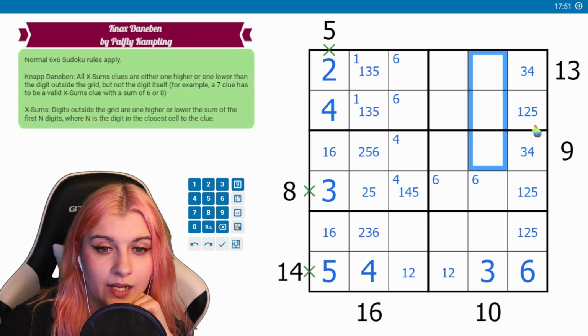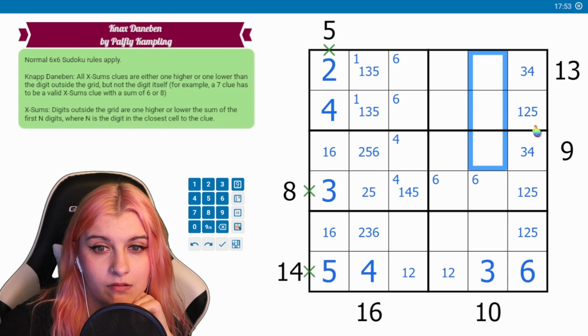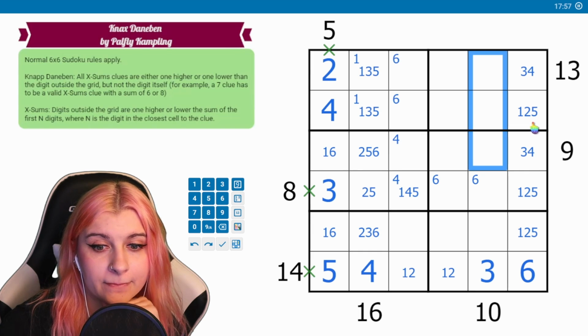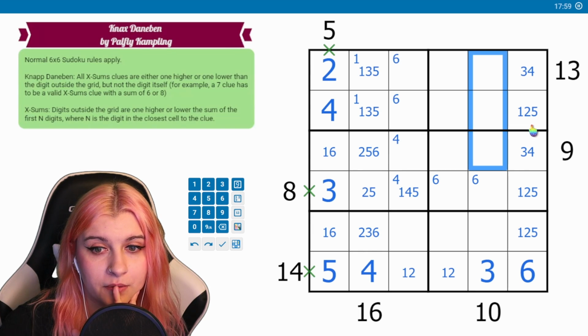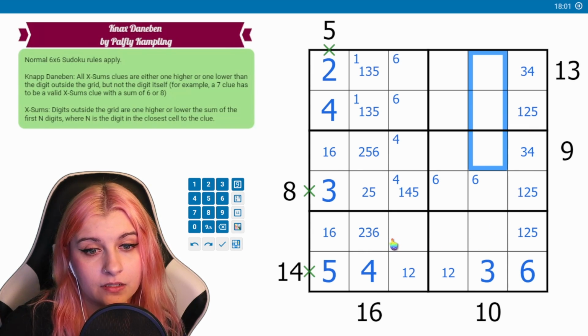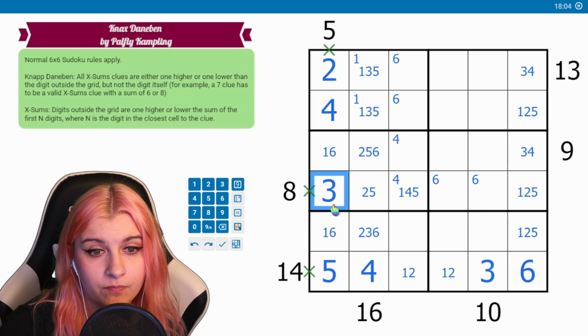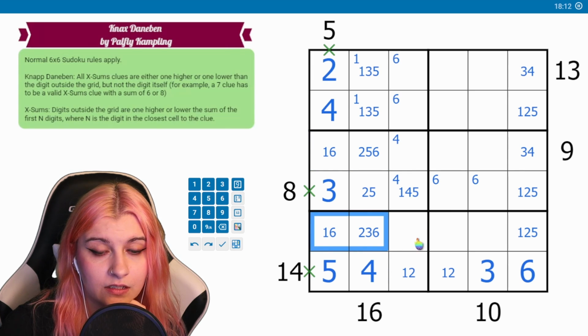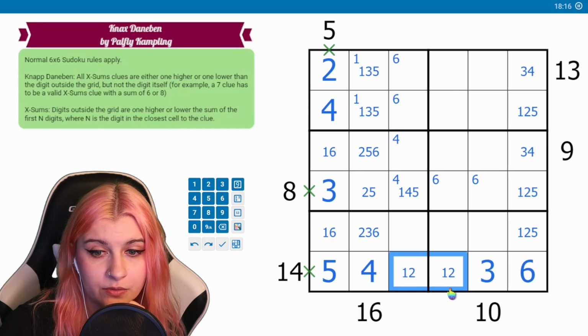I don't know a whole lot. Is there Sudoku I'm missing? That does happen. One of these is definitely a 6. One of these is definitely a 6. Definitely using a 4 here. We have a 1, 2. I need a 5 and a 4 in here.